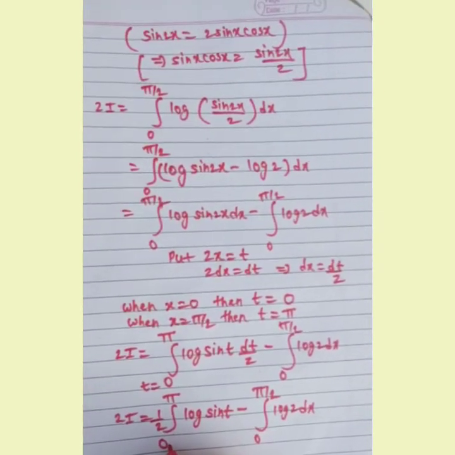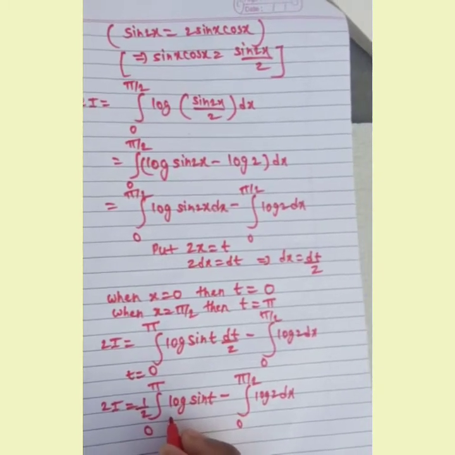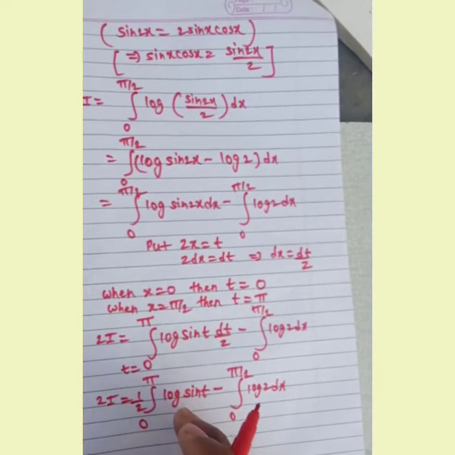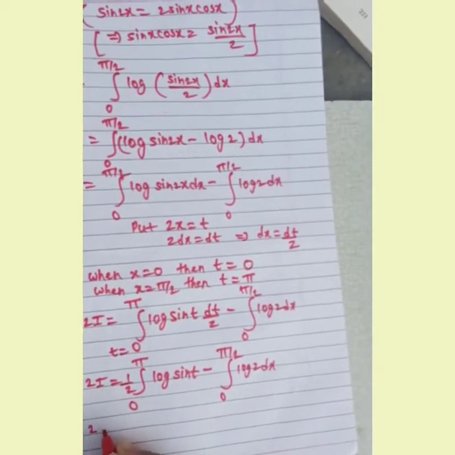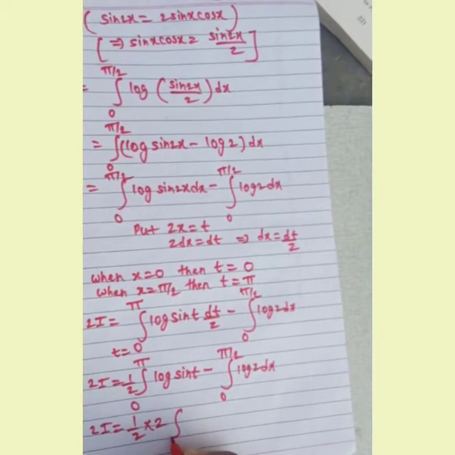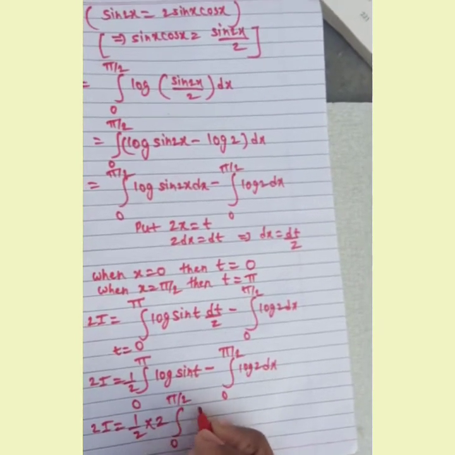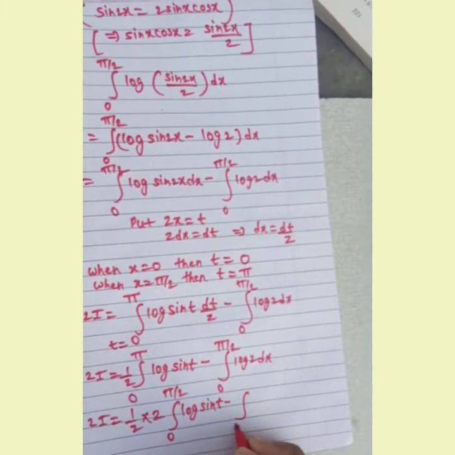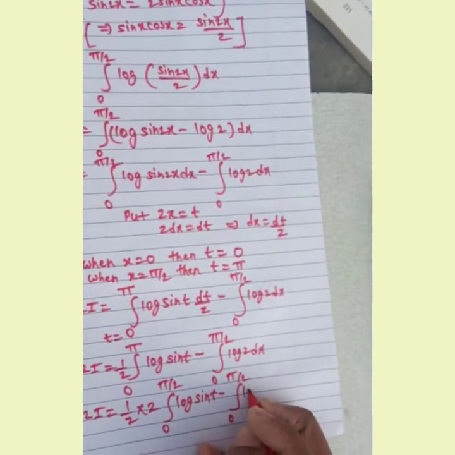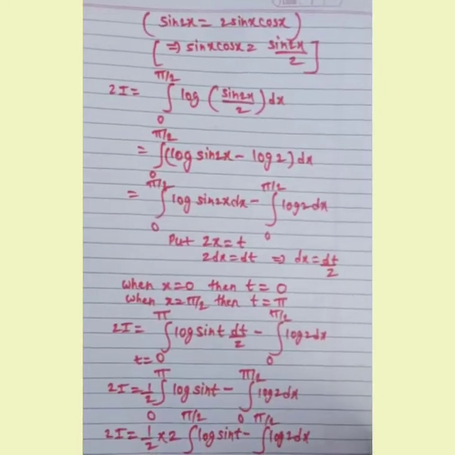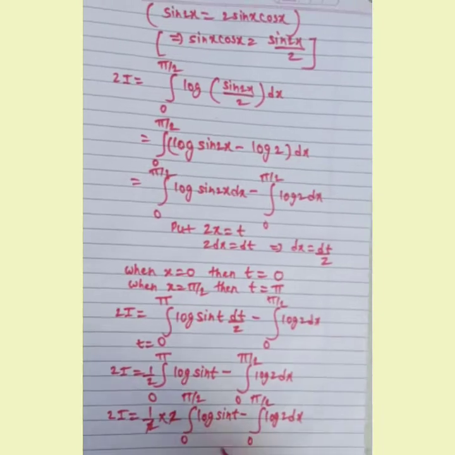As it varies from 0 to pi, we will write it in two terms, that is 0 to pi by 2 plus pi by 2 to pi. So 2I equals 1 by 2 into 2 times integration from 0 to pi by 2 of log sin t, minus integration from 0 to pi by 2 of log 2 dx. Now this 2 and this 2 will be cancelled.